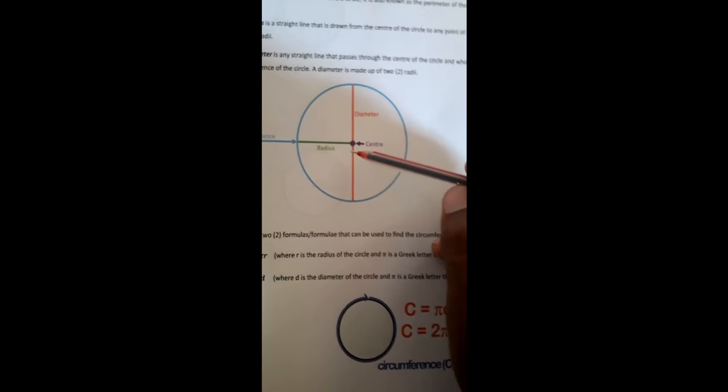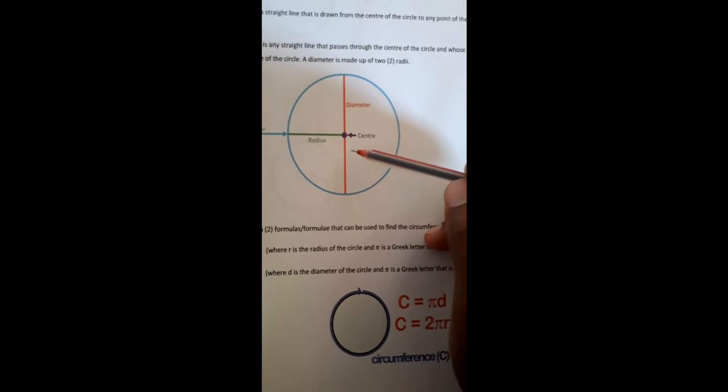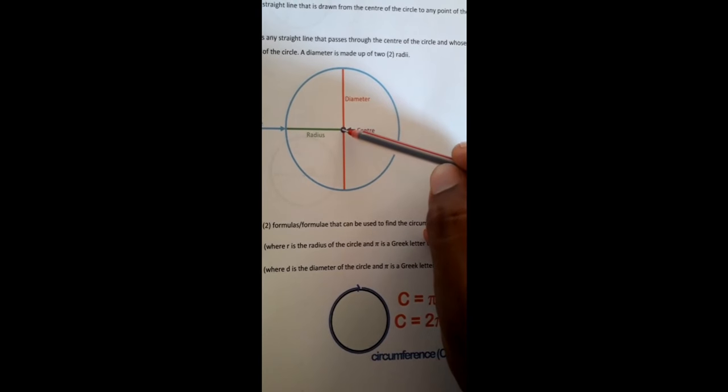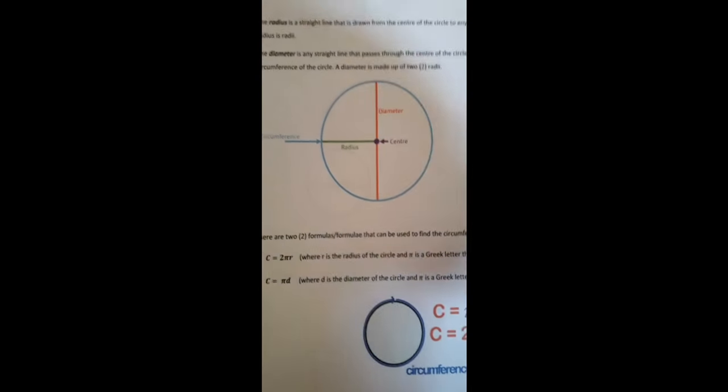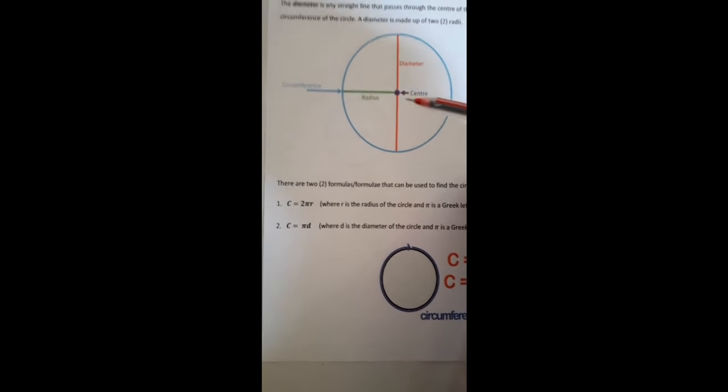If you look at this, a diameter is made up of two radii. So from here to here will be a radius, and from here to there will be a radius. The plural for radius is radii, and the outer part of the circle, we call that the circumference.